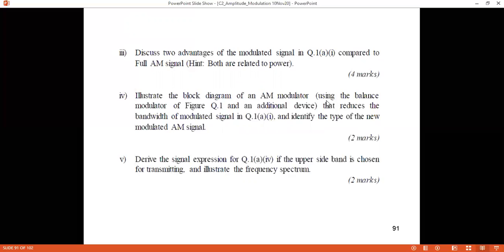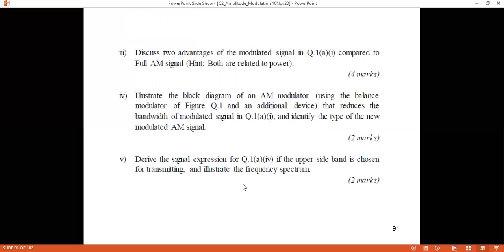And then illustrate the block diagram of an AM modulator using the balance modulator and an additional device that reduces the bandwidth. Okay, so from the double sideband suppressed carrier, you need to add an additional device so that it can further improve the bandwidth performance of our double sideband suppressed carrier. Okay, so you know what it is, obviously, and then identify this new type of AM signal, and derive it.